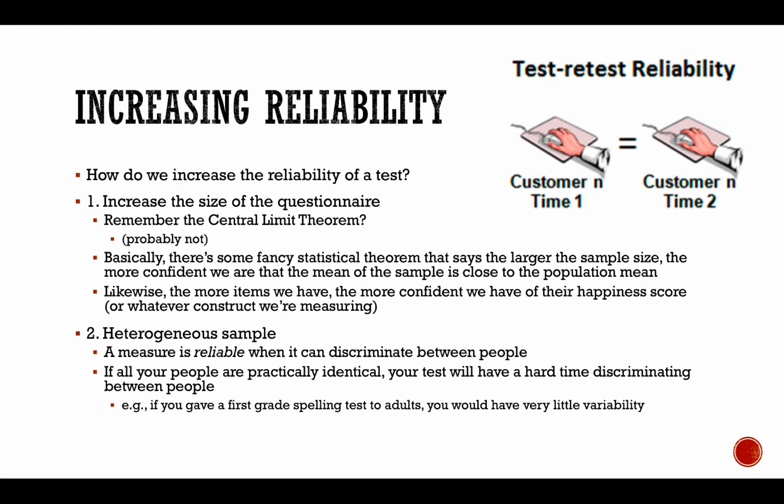And the ability to discriminate between people improves reliability. So if all your people are practically identical, your test will have a hard time discriminating between them. For example, if you give a first grade spelling test to adults, you will probably have very little variability, and so it's hard to tell who is a good speller from who is a bad speller.